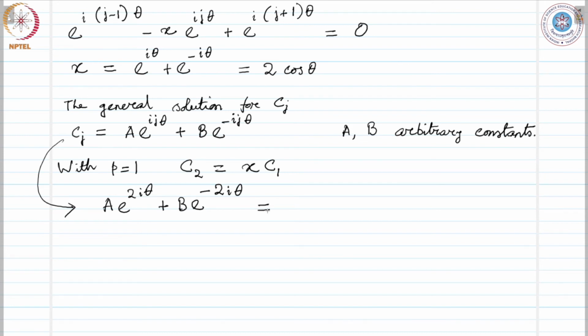This equals twice cos theta times A e power I theta plus B e power minus I theta.